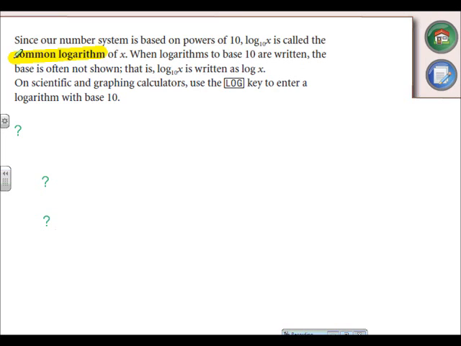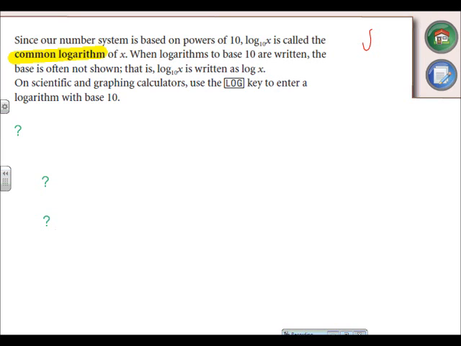That button's stored into your calculator. All of the log base 10 numbers are sitting there. Someone programmed them in for you, so you don't have to use a table. Before electronic calculators, they had to use a table to look these numbers up. So when logarithms to base 10 are written, the base is often not shown.